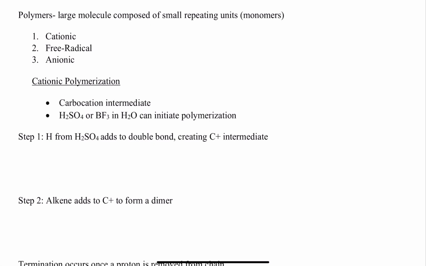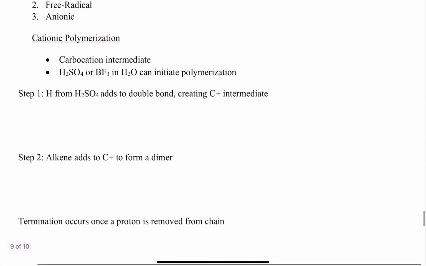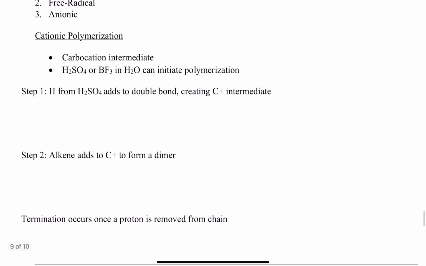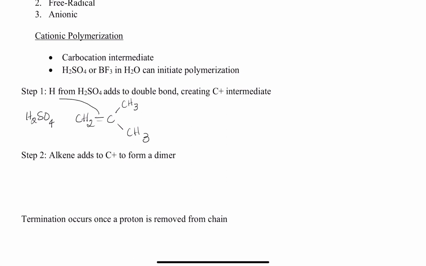So whenever we use sulfuric acid, let's react with isobutylene. What's going to happen is our double bond is going to be protonated by one of the hydrogens from the sulfuric acid.